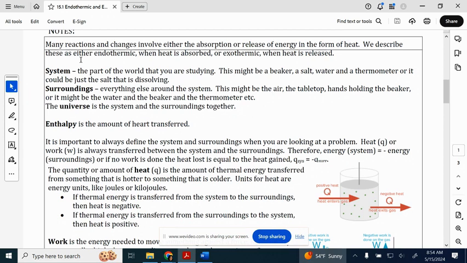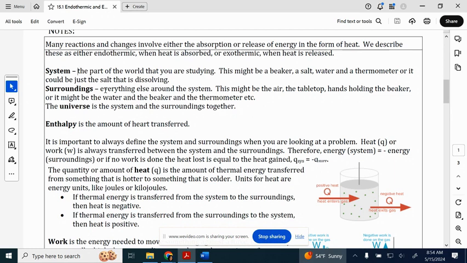You need to talk also about the difference between the system and the surroundings. So the system is what you're studying, whatever's inside the beaker, whatever's going on. And then the surroundings are what's outside. Like I said, I did that experiment with the alcohol and the water, and I brought it around and made you feel it.